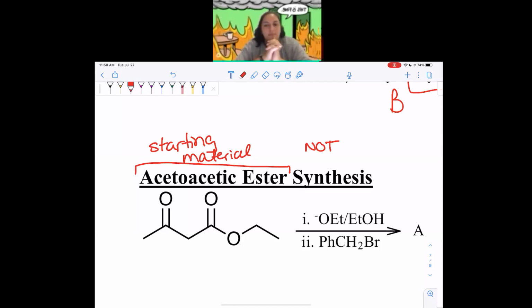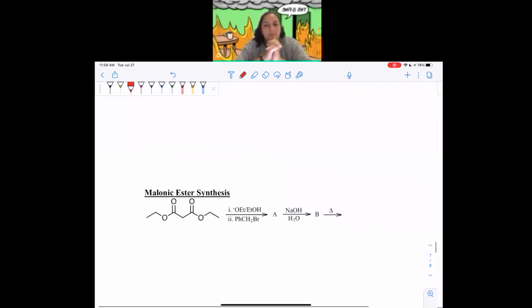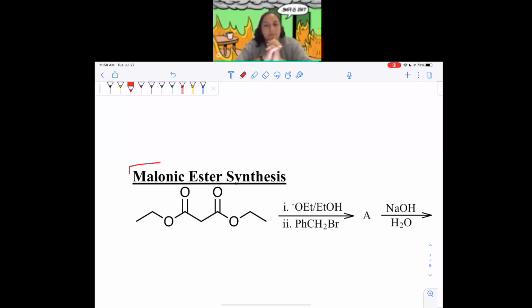So you are not making an acetoacetic ester. I don't know how or why they name these things the way they do, but that's just how it is. And before we actually go into the reaction, there's two reactions that are almost exactly the same, but they are slightly different. So we have the acetoacetic ester and the malonic ester, which again, the malonic ester is the starting material.